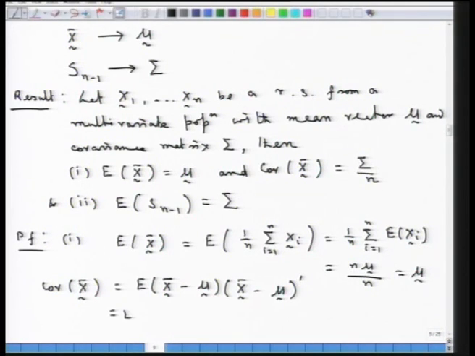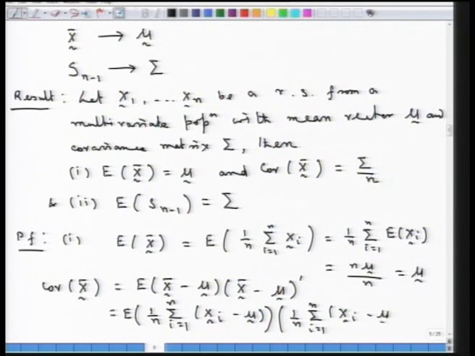So, one can write this as 1 upon n summation i equal to 1 to n, then we will have xi minus mu, and then the transpose of the same quantity, which is summation i equal to 1 to n xi minus mu transpose.